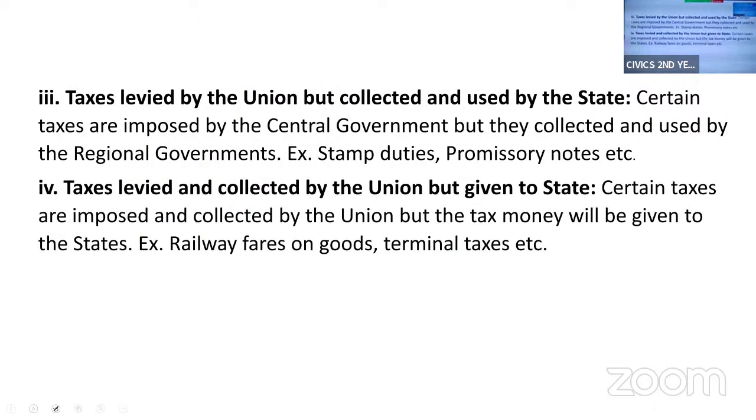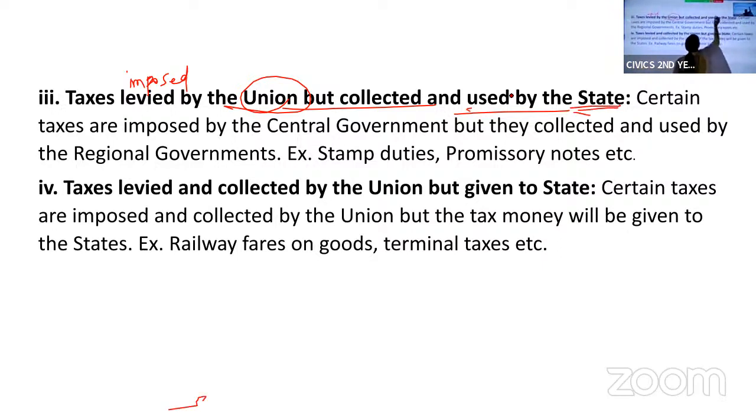The next is taxes levied by the union but collected and used by the states. This tax is imposed by the union government, the central government. But who is collecting the tax? The state government is collecting the tax. Who is using the tax?